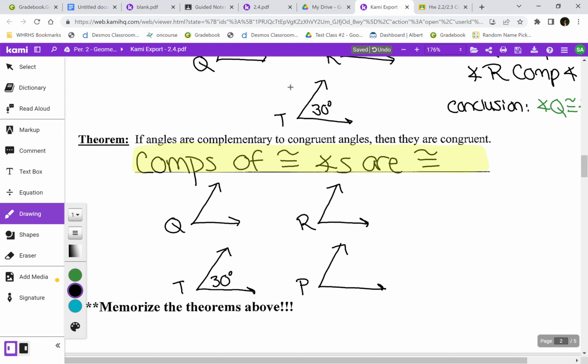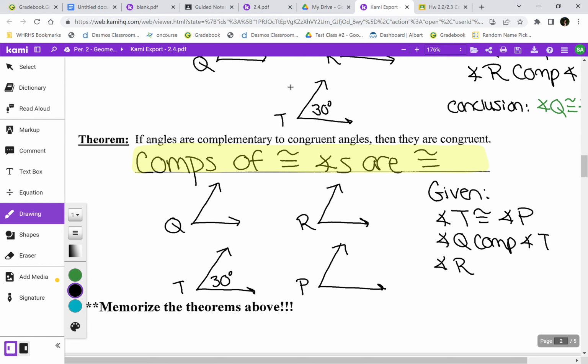And let's say I am telling you in the given information, angle T is congruent to angle P. Angle Q is a complement to angle T. And angle R is a complement to angle P. What conclusion can we come to?